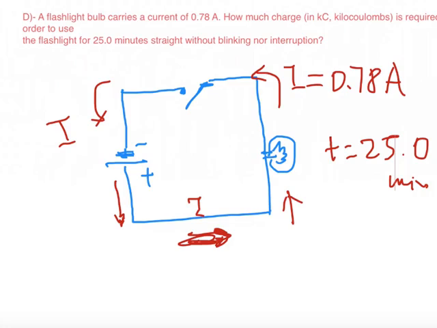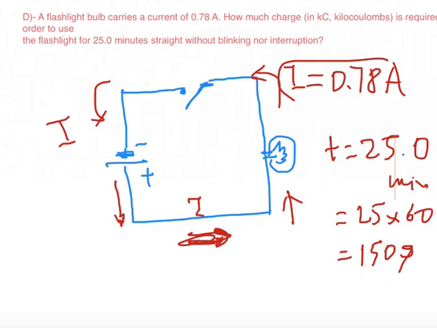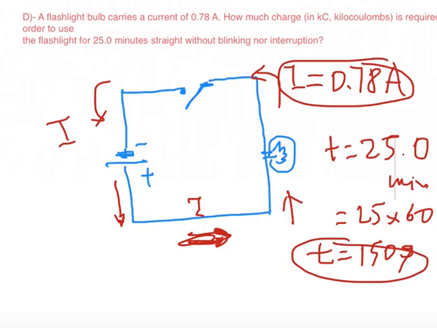If you need to convert the 25 minutes, you have to multiply by 60 to get it in seconds. So that would be 1500 seconds. So we have the amps, we have the time, and the question is how much charge is required.